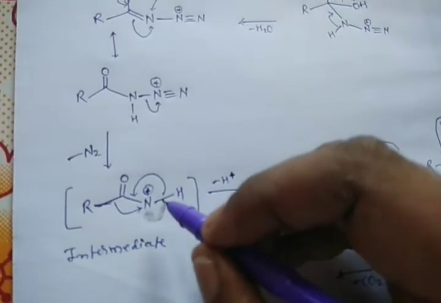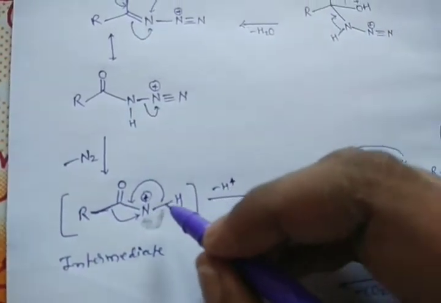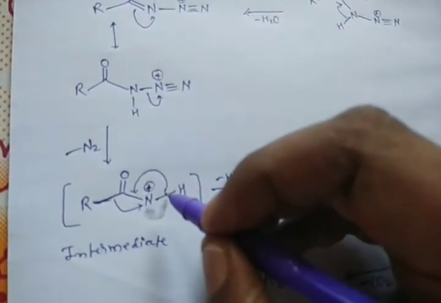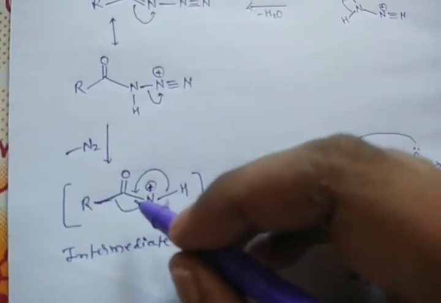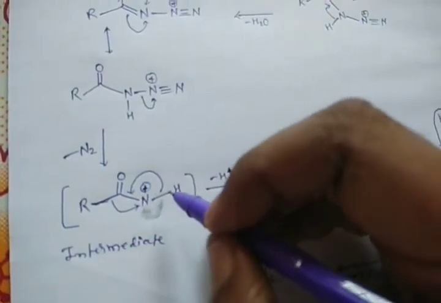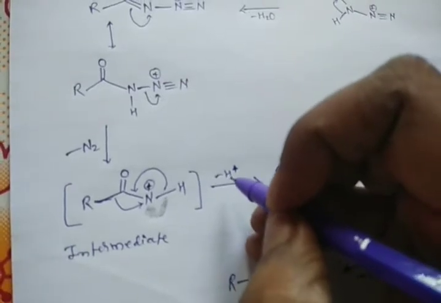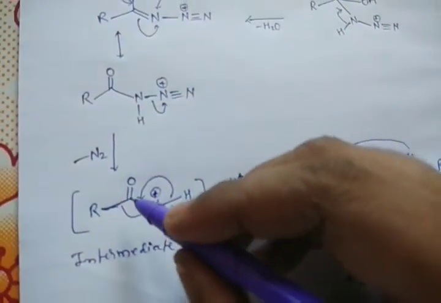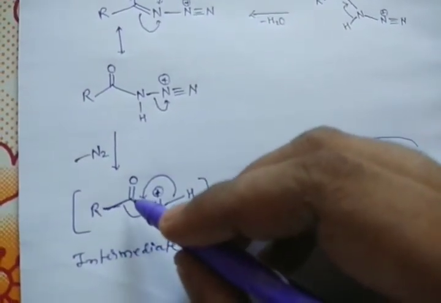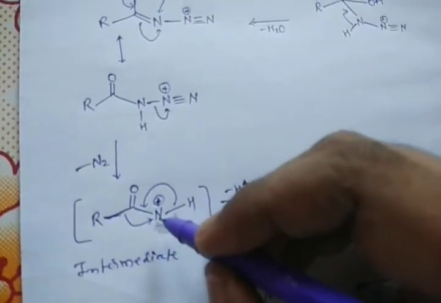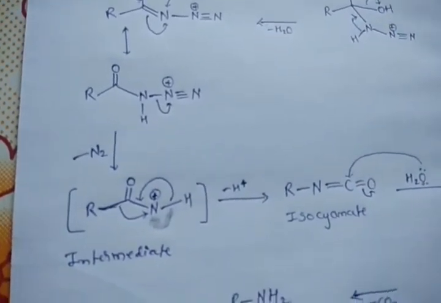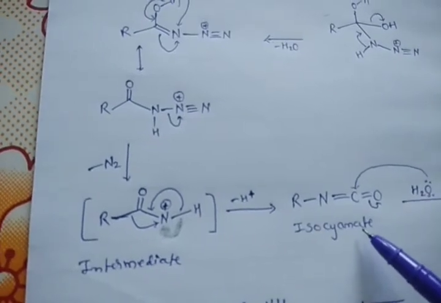The positively charged nitrogen is bonded to the hydrogen, the bond between them will break, and the pair of electrons of that bond will migrate between the nitrogen and carbon and form the double bond, and this H plus will be liberated in the form of a proton. Meanwhile the alkyl group bonded to the carbon will migrate onto the electron deficient nitrogen atom. So ultimately we will get the isocyanate.